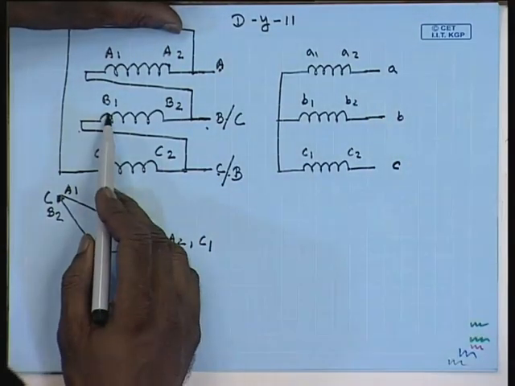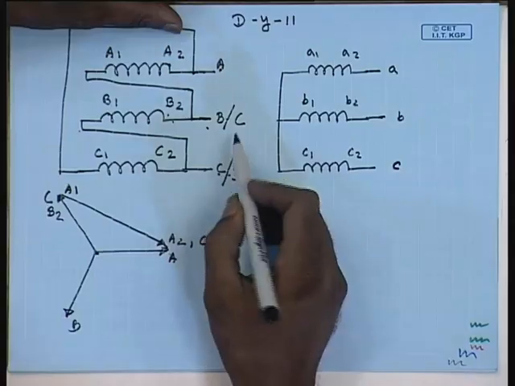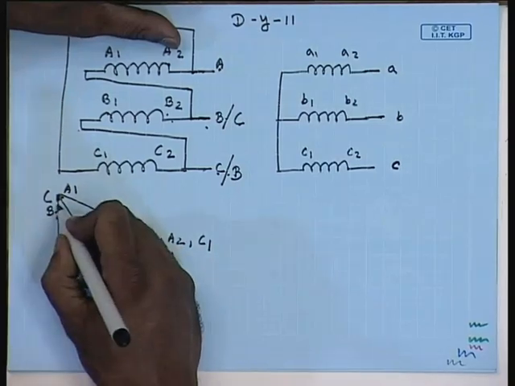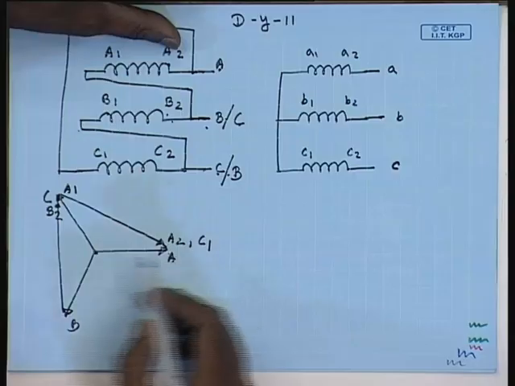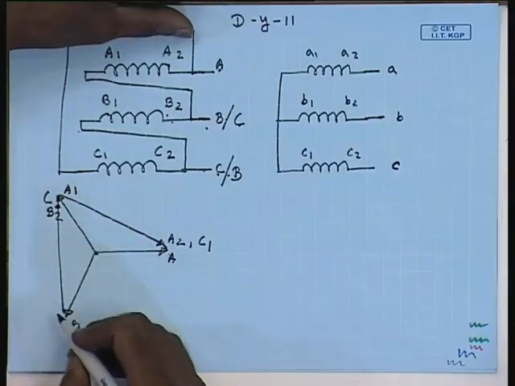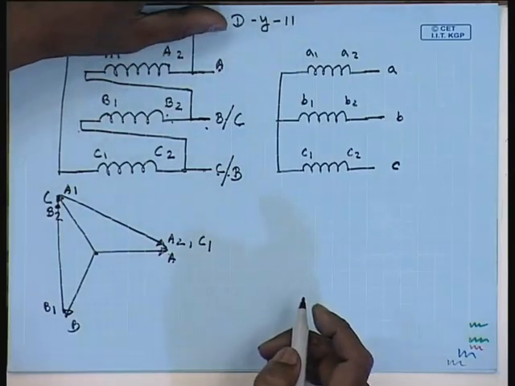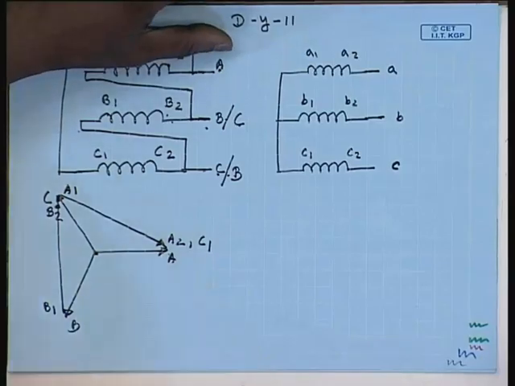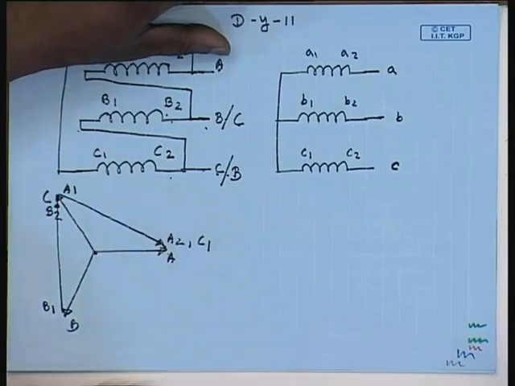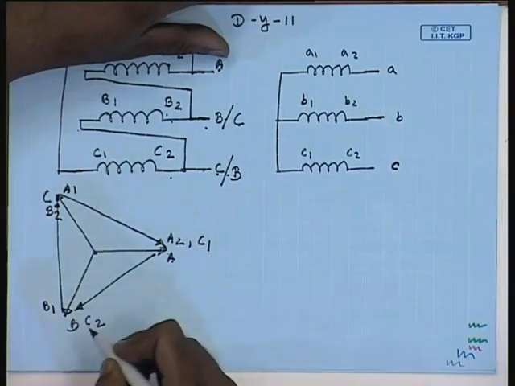Similarly, the winding voltage B1 B2, that is B2 with respect to B1, is now voltage VCB, this is terminal B1, and the winding voltage of C2 with respect to C1, this is also C2. So, this is the voltage phasor C2 C1.